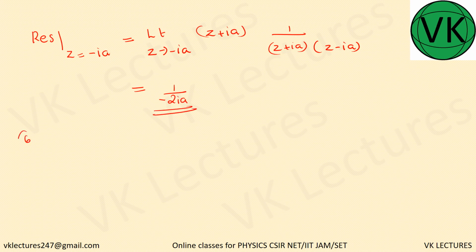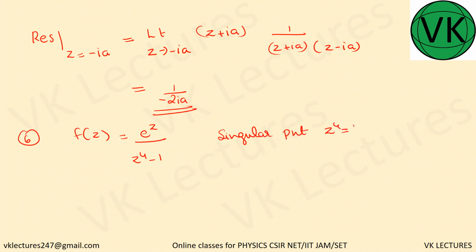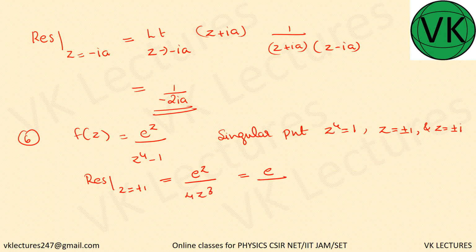Then next question, f of z is equal to e raised to z divided by z raised to 4 minus 1. Singular points: z raised to 4 is equal to 1. So that is z is equal to plus or minus 1 and z is equal to plus or minus i. So residue at z is equal to plus 1 is equal to e raised to z divided by 4z cube, which is e divided by 4.